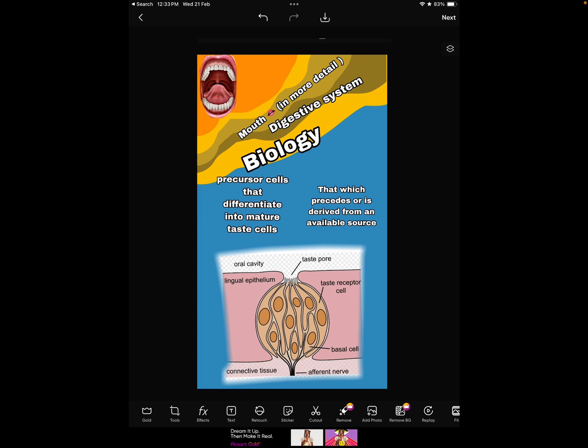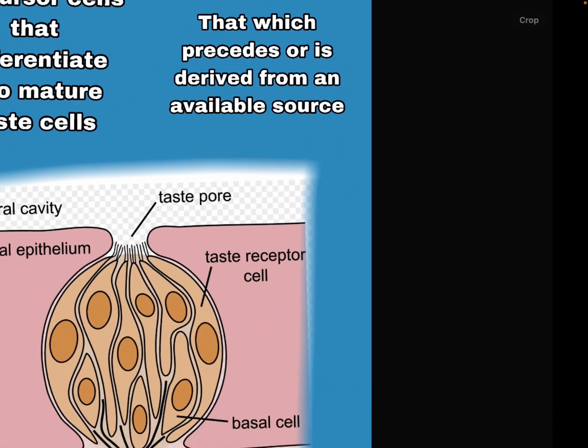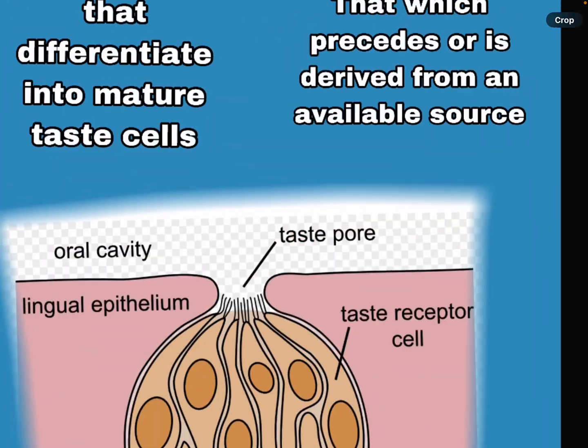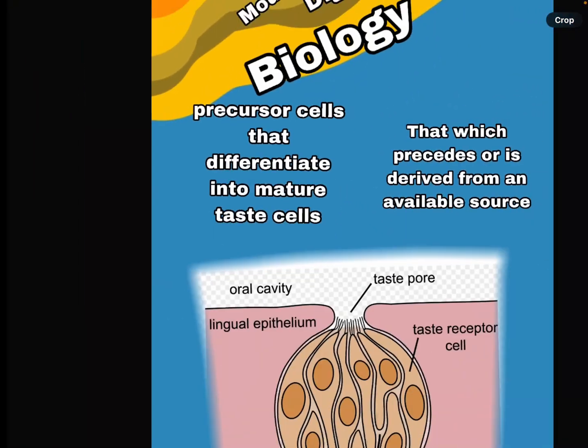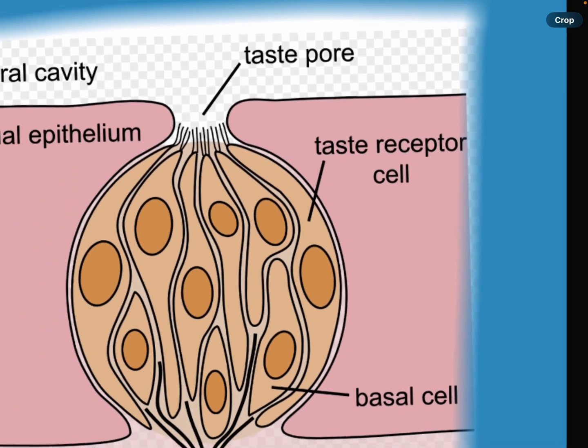So this means that they borrow stuff that becomes the mature taste cells, the cells which taste your food. Well, how do they taste it? Well, the basal cells do this thing, so the taste receptor cell is born.